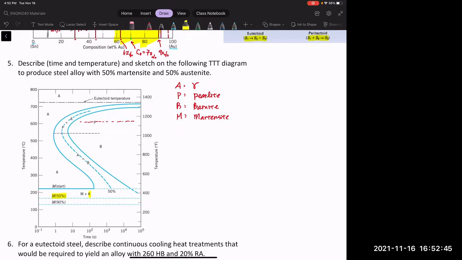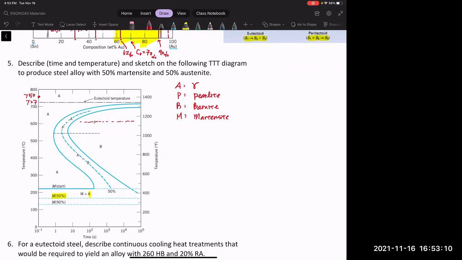So to get this, it's very easy: you start with some temperature above the eutectoid temperature. This temperature here is, I think, 727, something like that. And let's say you start from here. This may be like 750 degrees Celsius.